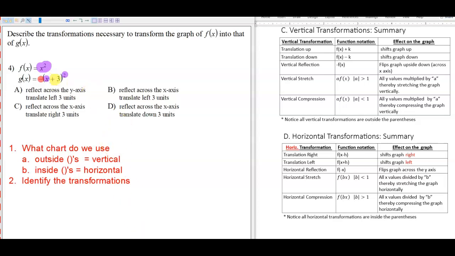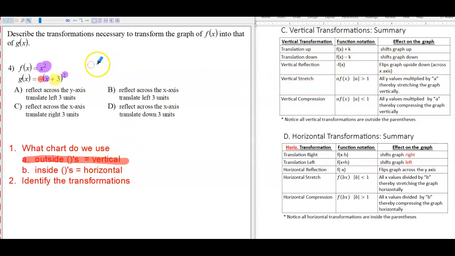So let's begin. First of all, that negative, is that inside or outside the parentheses? Hopefully you can see that that is outside the parentheses. Since it's outside the parentheses, that's vertical. So we're going to look up here at this chart.